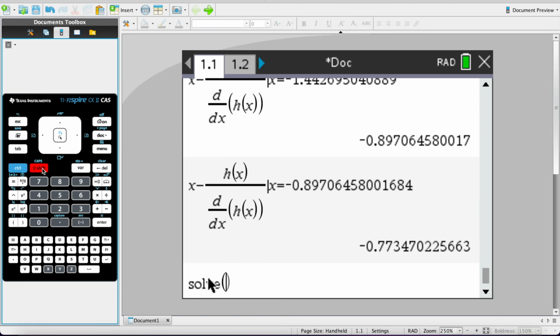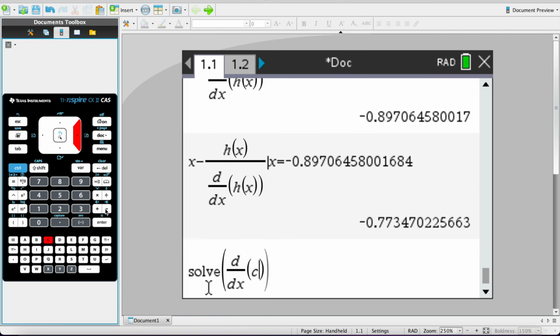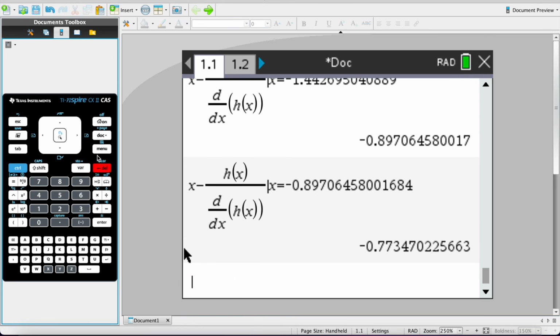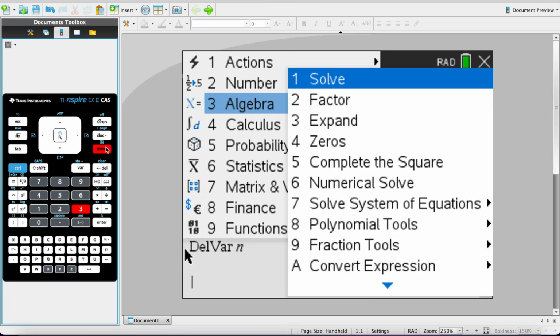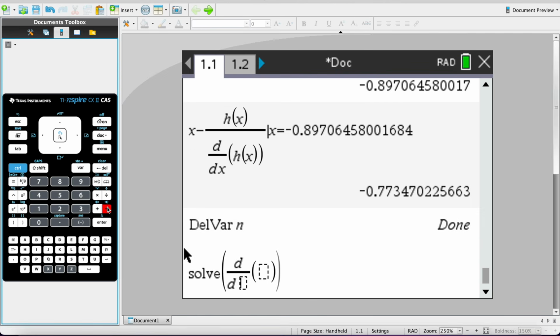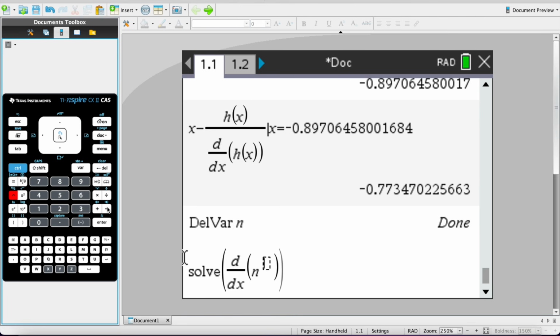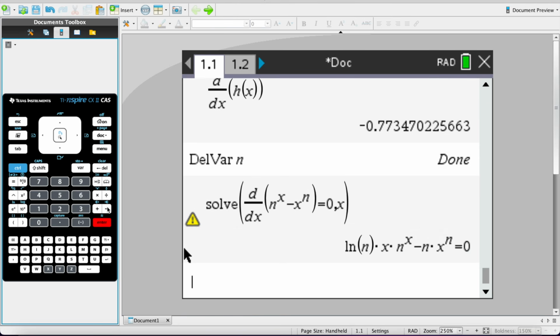Menu 3.1, x to the power of n. N is defined as something else, let me just delete my variable first. Menu 1.3, and it was the derivative of n to the power of x minus x to the power of n equal to 0, comma x, and it didn't solve for you.